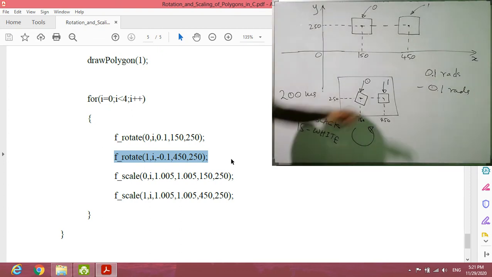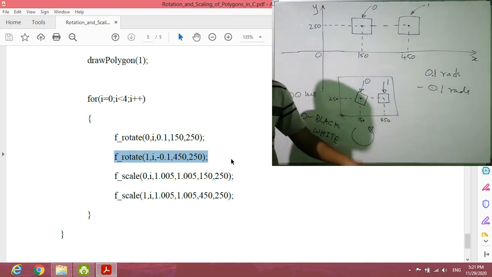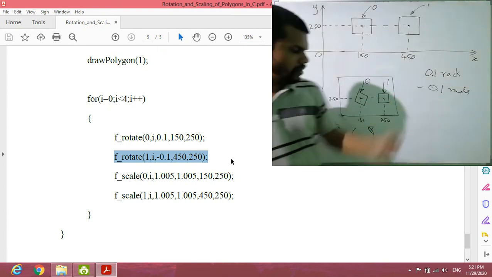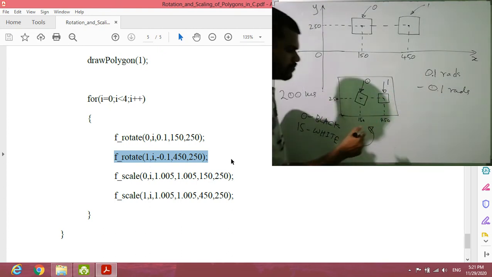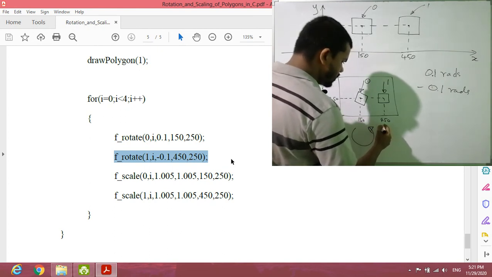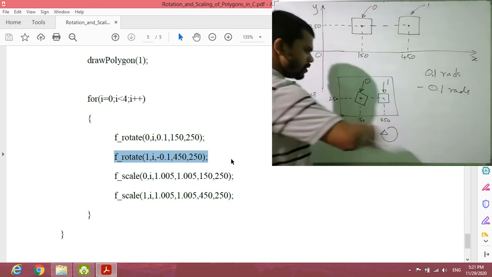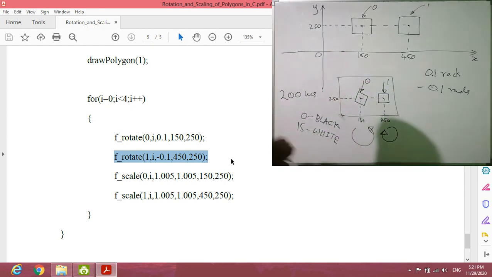If you put a positive value, rotation is performed in anti-clockwise direction. If you put a negative value, the rotation is performed in clockwise direction.